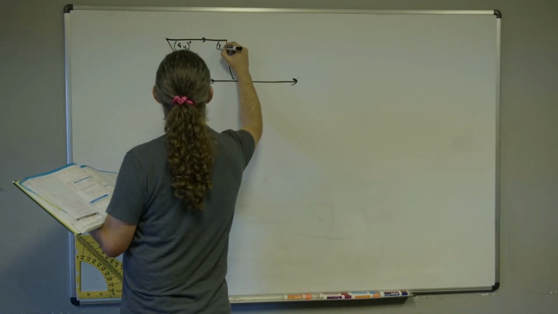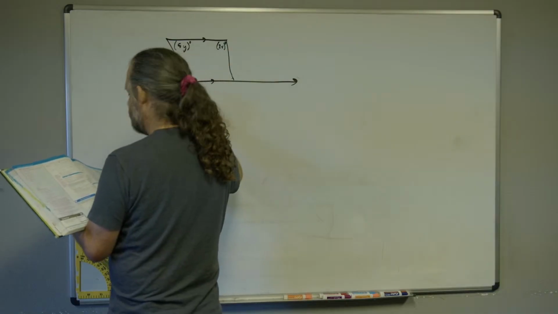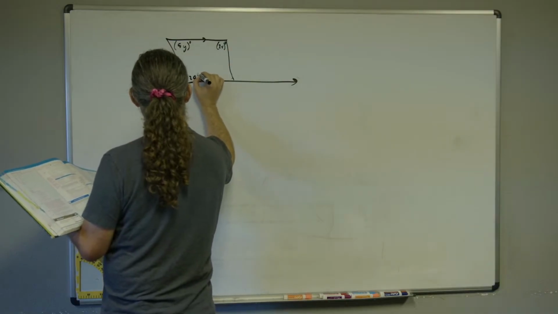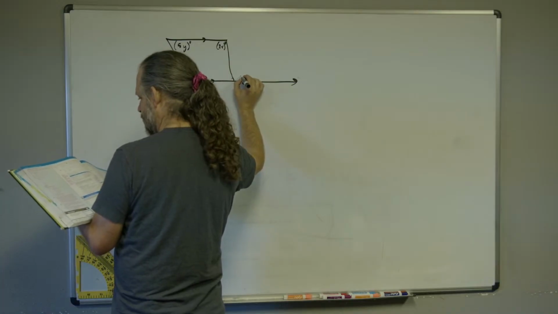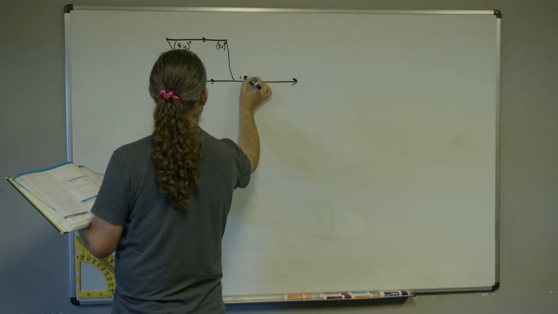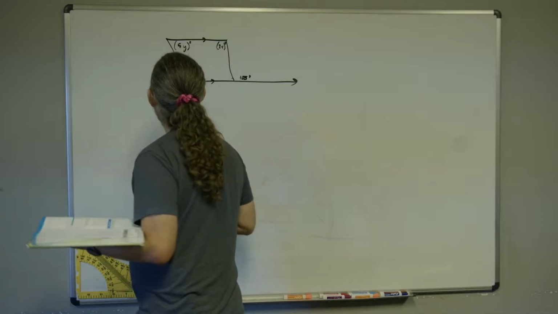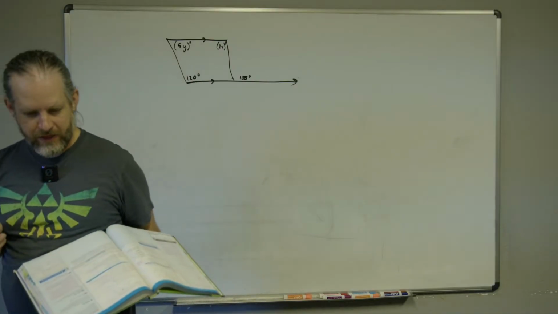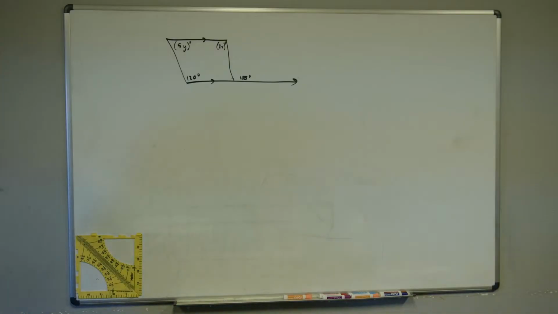This one is 2x degrees. This one is 120 degrees. And this one is 108 degrees. Later on, we're going to learn another theorem that you could actually use on this particular problem, but we don't know it yet, so we got to use what we got.